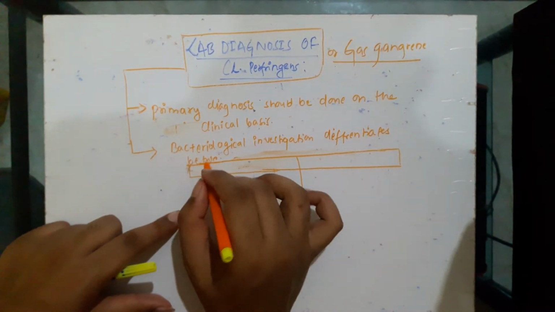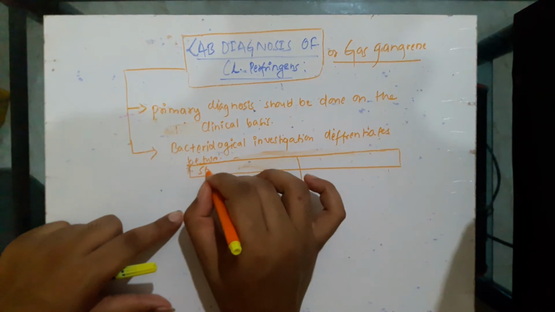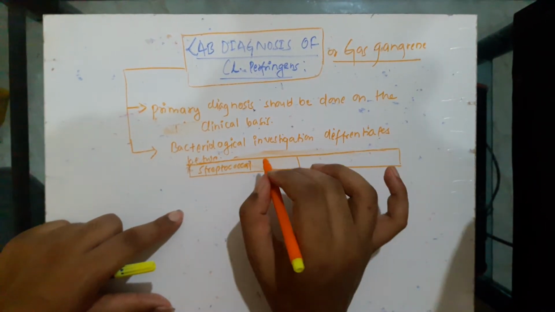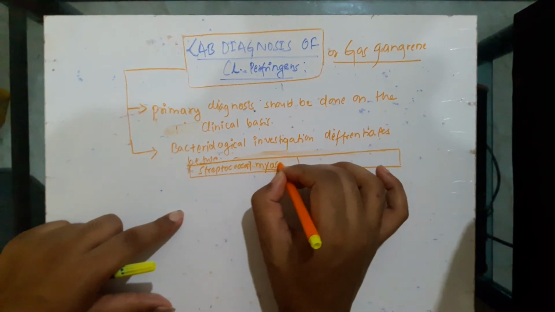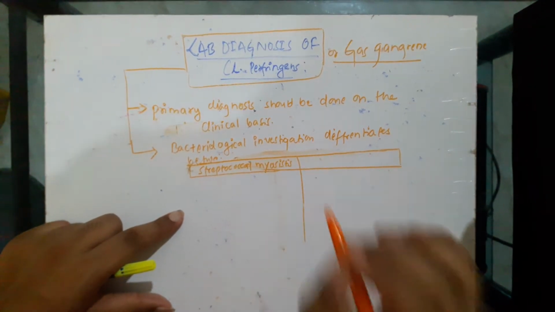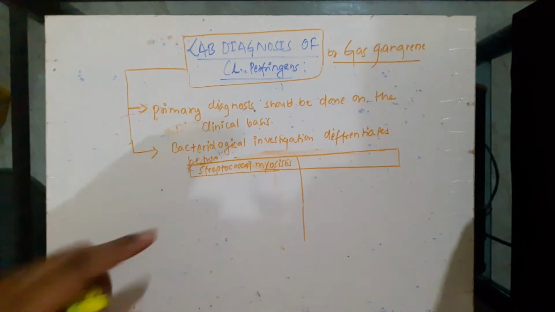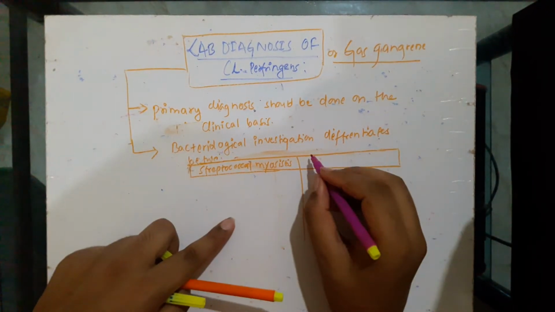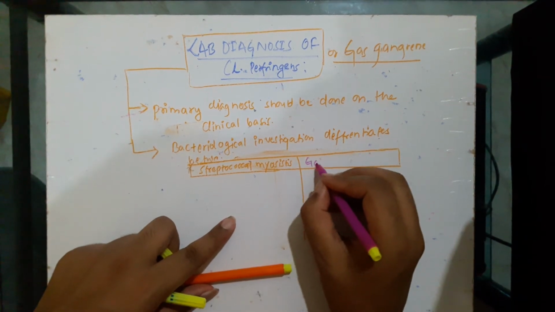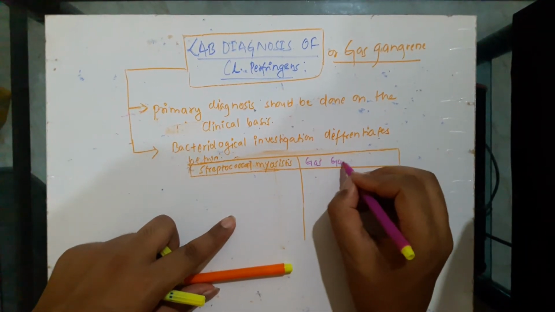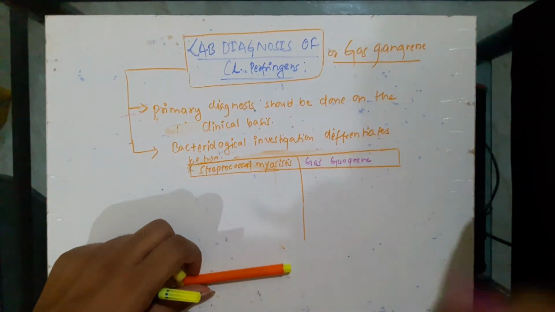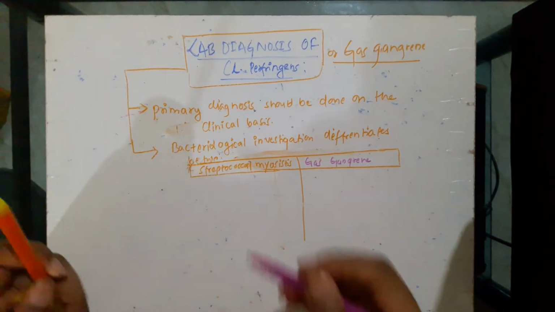First you can write streptococcal myocystis and gas gangrene. This is on the basis of the smears observed.